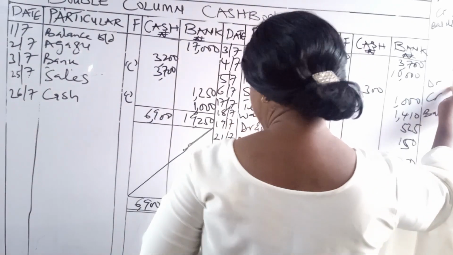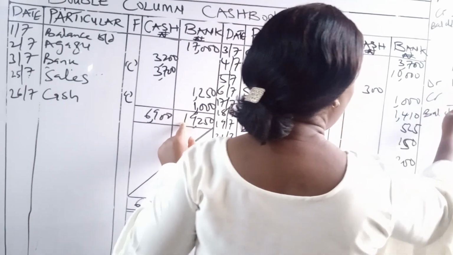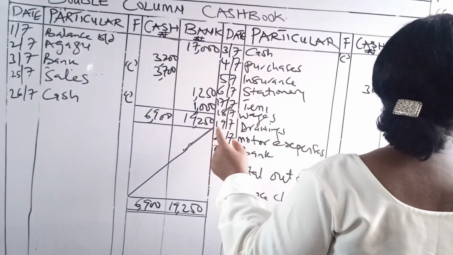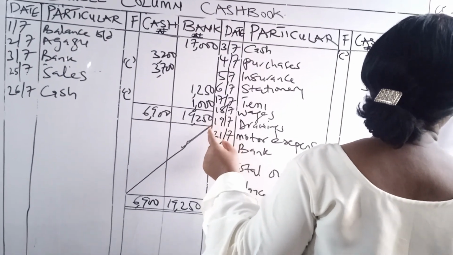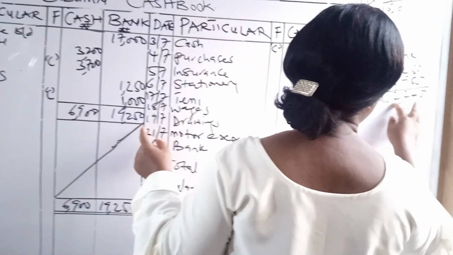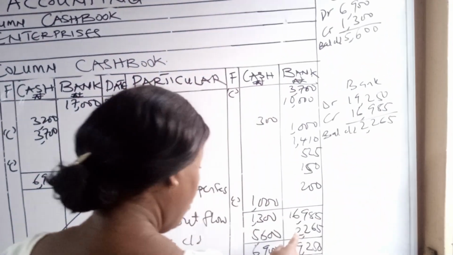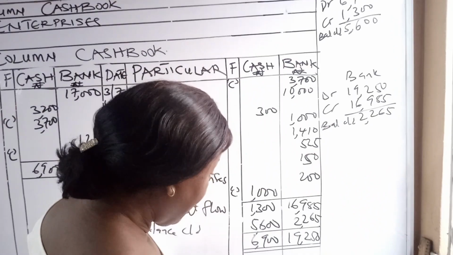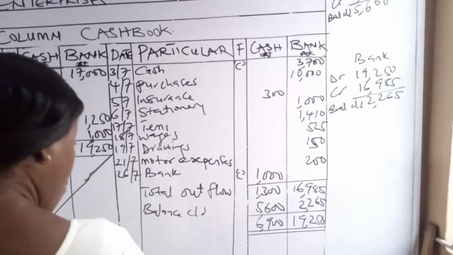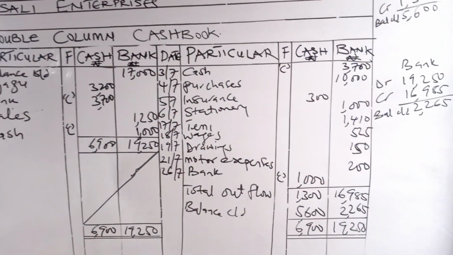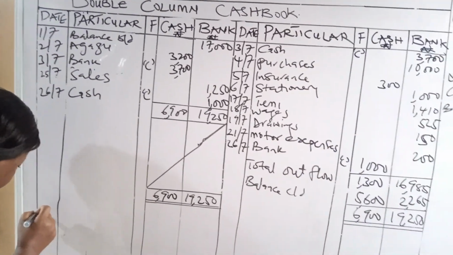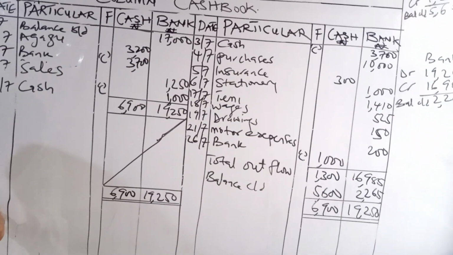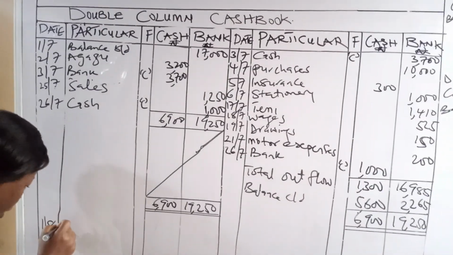Then in the case of bank, by the time you subtract the 16,985 from the 19,250 naira lodged deposited at the bank, the remaining amount, the balance at bank, was 2,265 naira, which will be brought down under the total as balance brought down on the 1st of August.